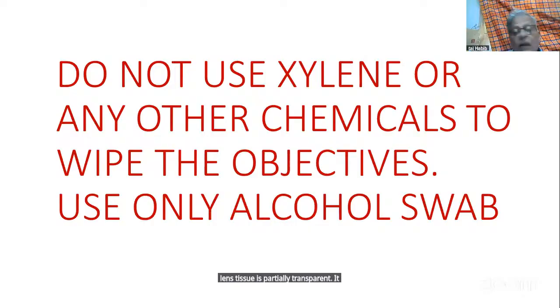It is not like toilet paper. Somebody has been selling stapled toilet paper to you, and the objective of microscopes are very soft glasses. And if you continue using that toilet paper, you will hurt it, you will scratch it.